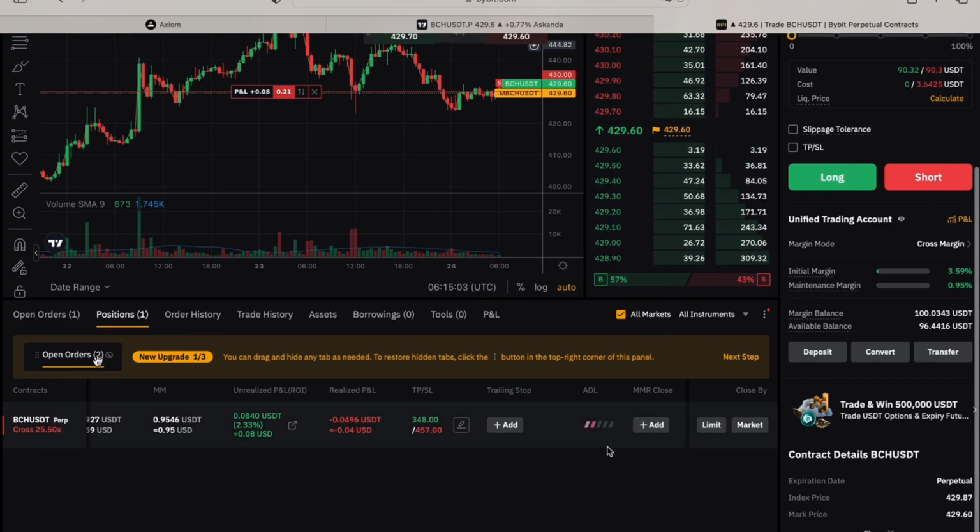So now that you know this, if I want to close the trade, I'll just click on market. So what I want you to also observe here is, anytime you enter a trade, look at your margin maintenance or margin ratio. You see my margin ratio is 3.59%. If you ever enter a trade and your margin ratio is more than 10%, close the trade and take it again.